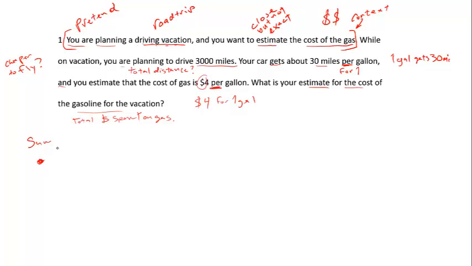So here I'm going to start putting my summary of all the essential pieces of information. So I have 3,000 miles. And then we had the thing about 30 miles per gallon. And that summarized MPG. And then it said $4 per gallon.